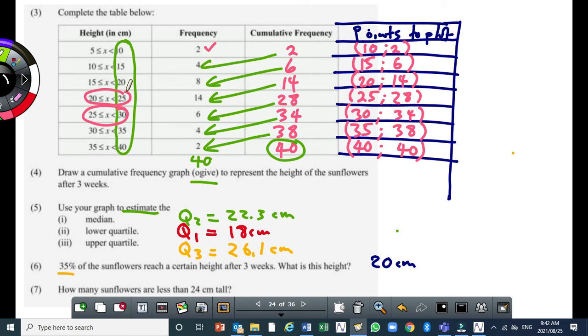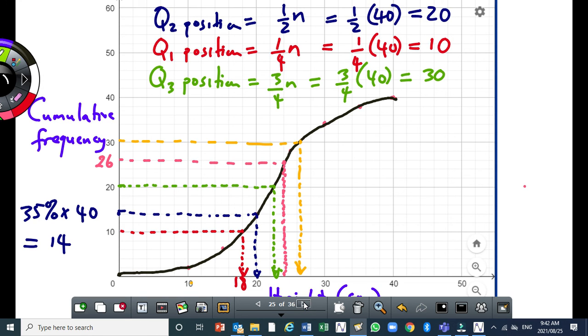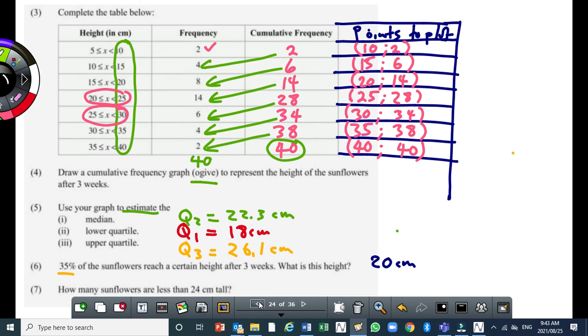But remember, here we are also including 24.999 and so on. That's why you can't use the class interval. So the best answer you get is from the ogive, which will be 26. Are you following that? So the answer for this question will be 26.